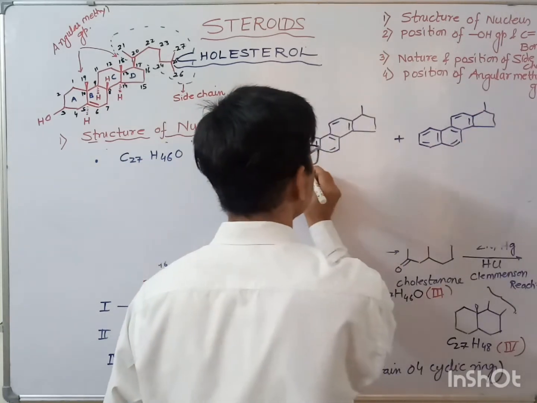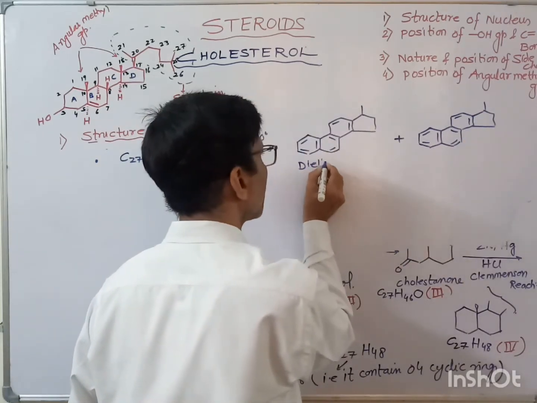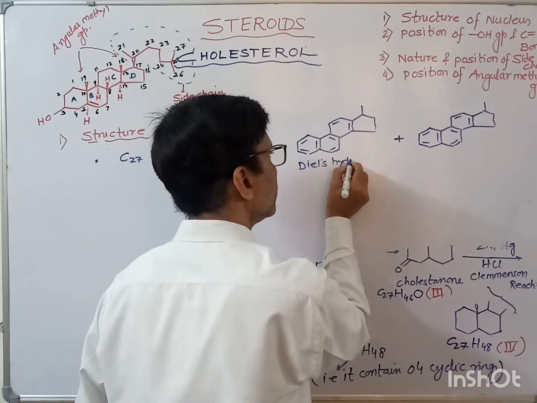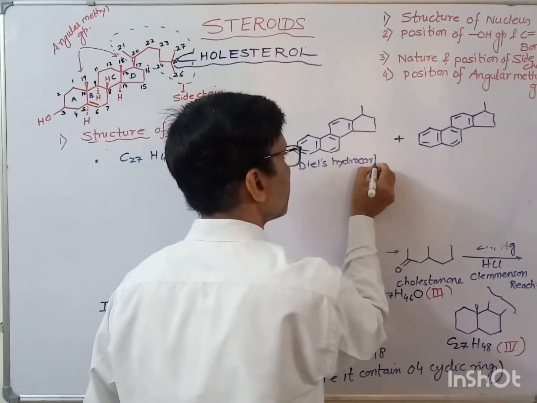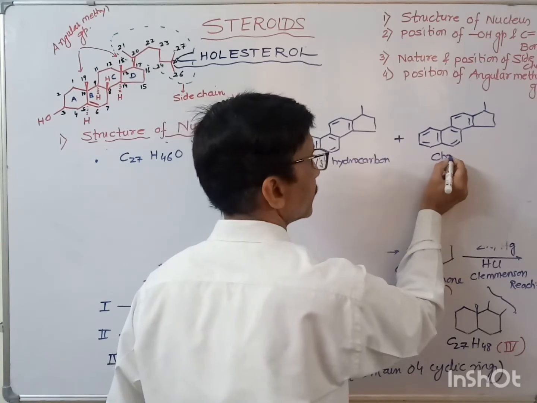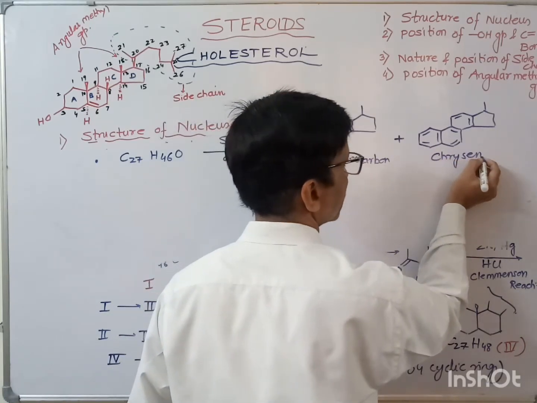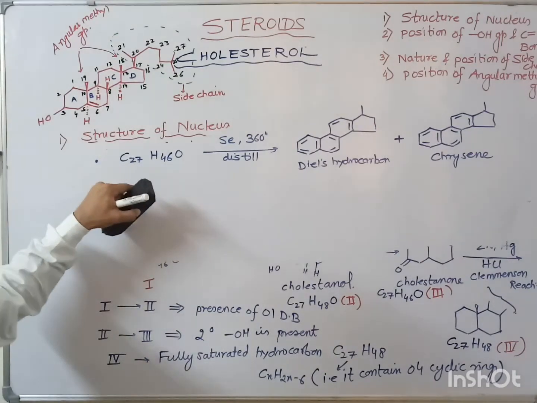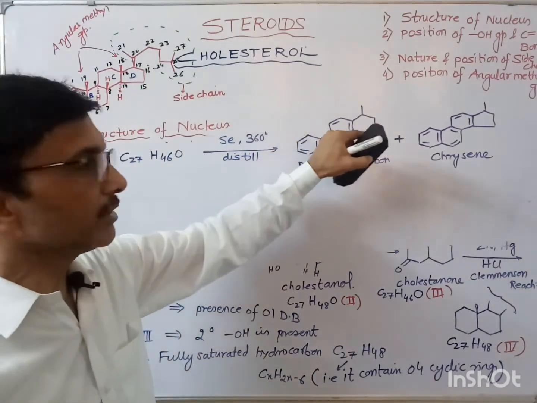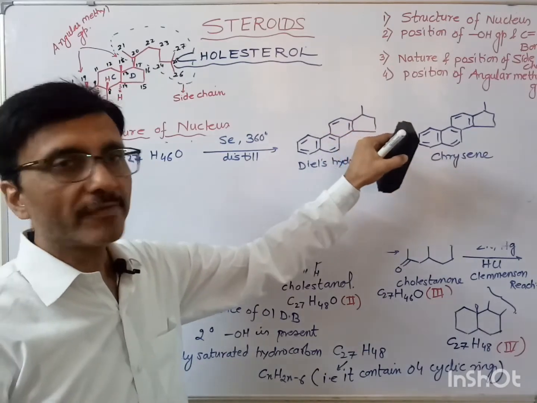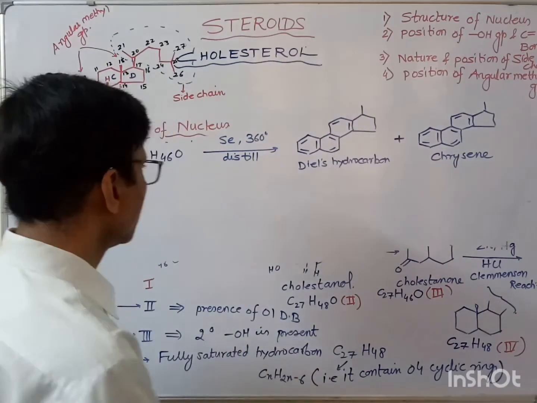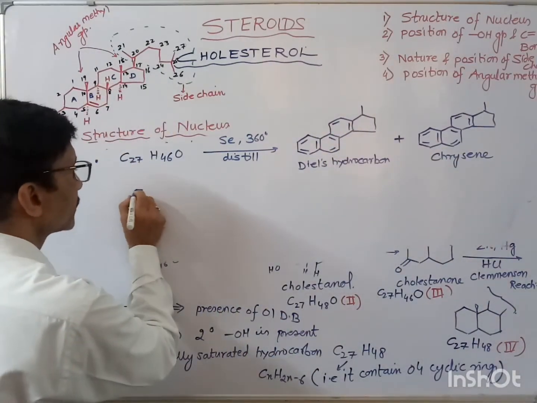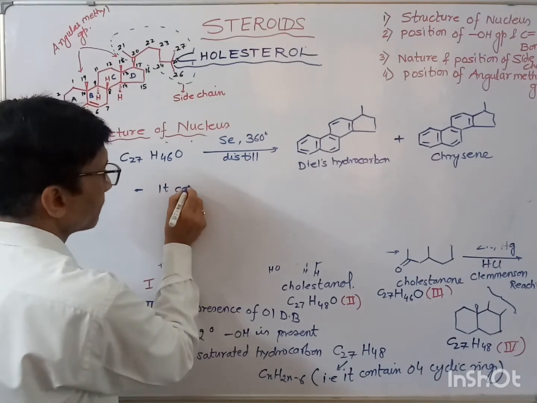This is glycine, and this is the Diels hydrocarbon. So what does it indicate? This indicates that this cholesterol contains 3 6-membered rings and 1 5-membered ring.